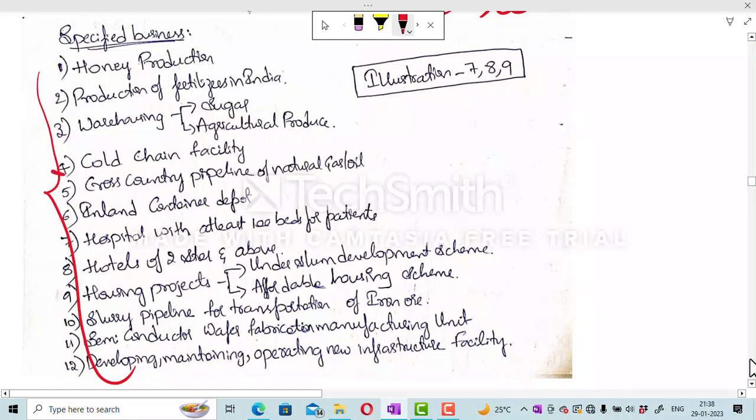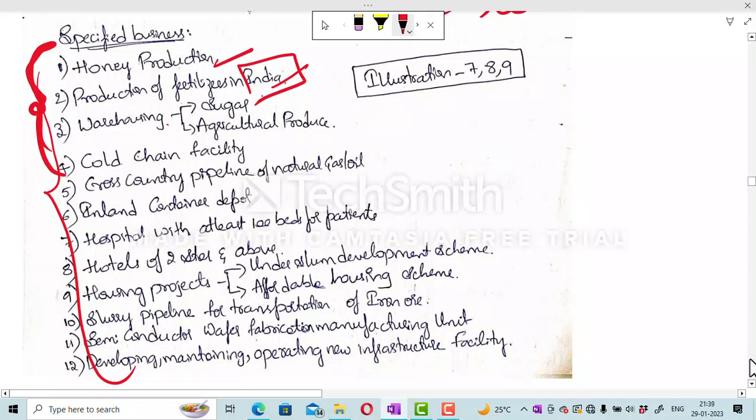The first four relate to agriculture. Agriculture is the most given priority in India, so agriculture products will be given some benefits. Honey production is given that deduction. Production of fertilizers in India, see it should be in India.